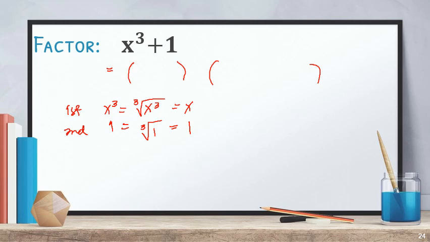Therefore, the first term in this binomial is x and the second term is 1. Take note of the operation used in the given because that will also be your operation in the first factor. So your first factor is x plus 1. How about the trinomial?